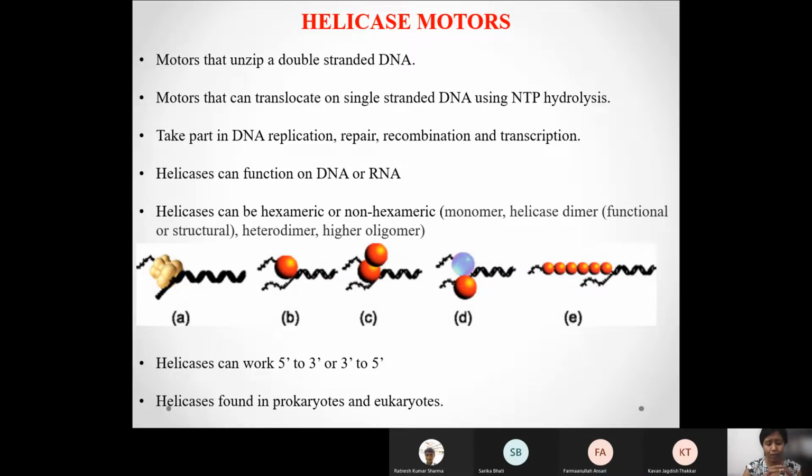It could have a higher oligomeric structure, which might have a functional consequence. So it might be a functional oligomer, that is, one unit helping the other, and then all of them combining together to cause unwinding of DNA, RNA, whatever is the case. Or it could be a hexameric structure. And when I say hexameric structure, we have already studied this kind of hexameric structure in something called AAA ATPases.